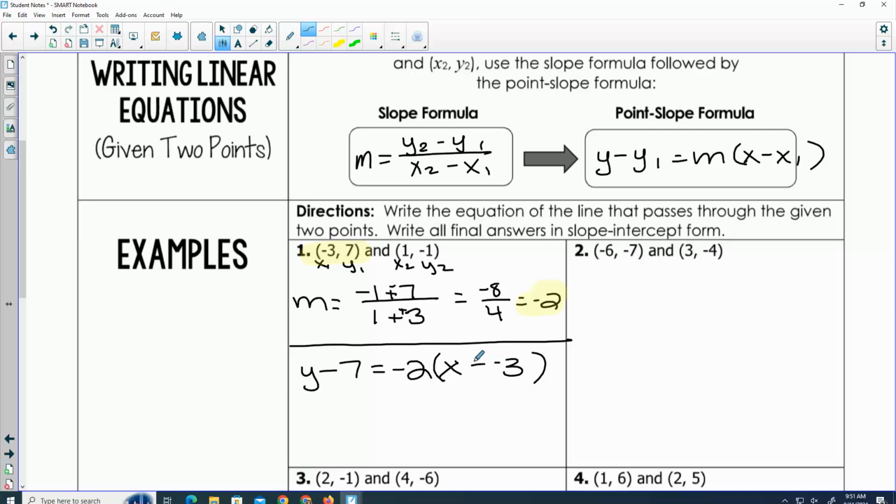Okay, minus a negative becomes positive. So y minus 7 equals -2x minus 6. To get y by itself, we have to add over the 7. So we get -2x plus 1.